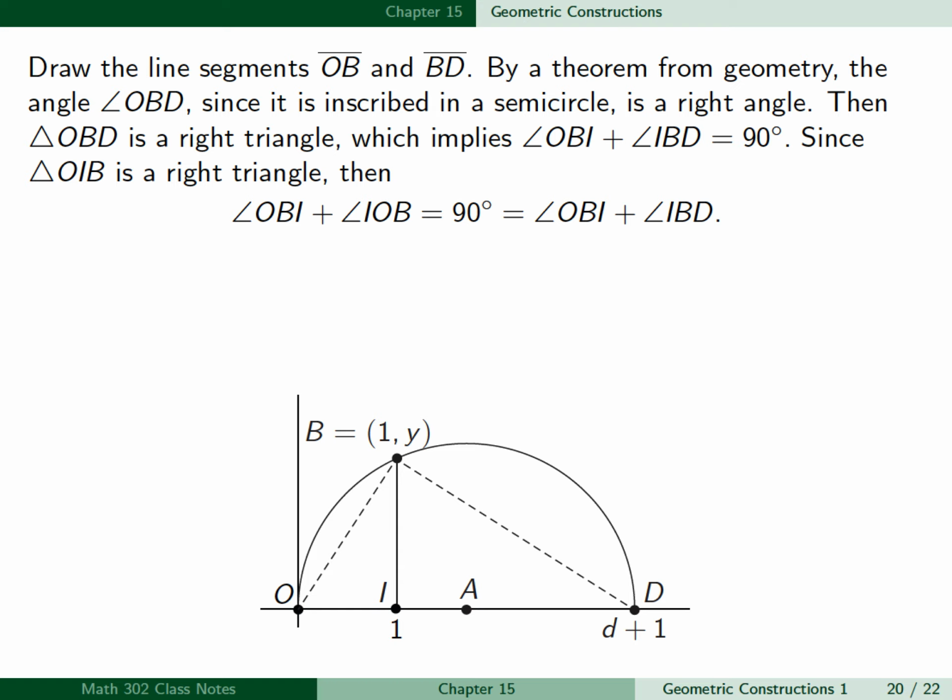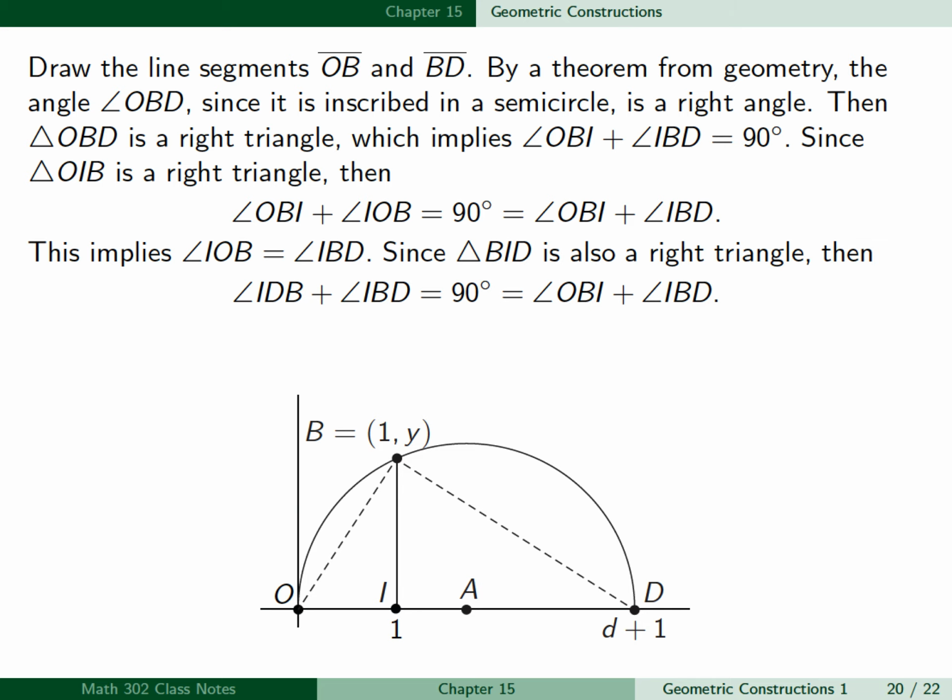Since OIB is also a right triangle, then the sum of the angles in OIB, OBI plus IOB, add up to 90 degrees, which is, as we just said, the sum of the angles OBI and IBD. Well, angle OBI appears on both sides of this equation, so this implies that angle IOB is equal to angle IBD.